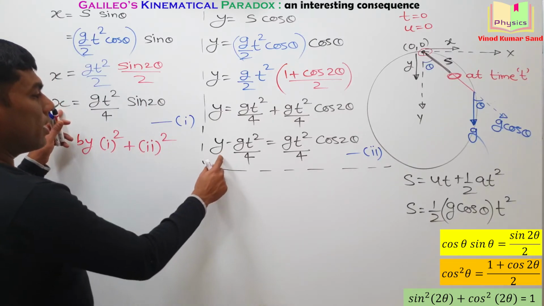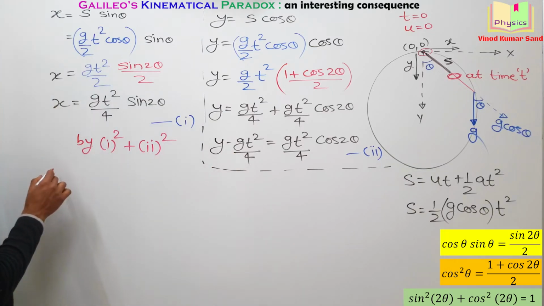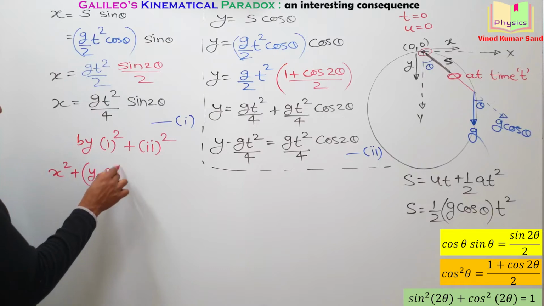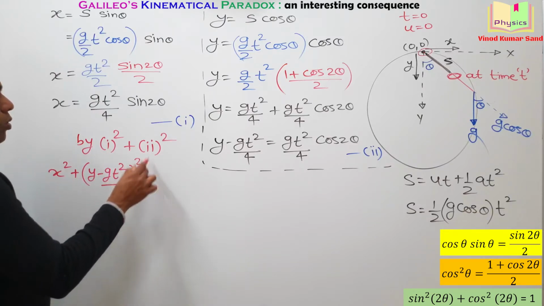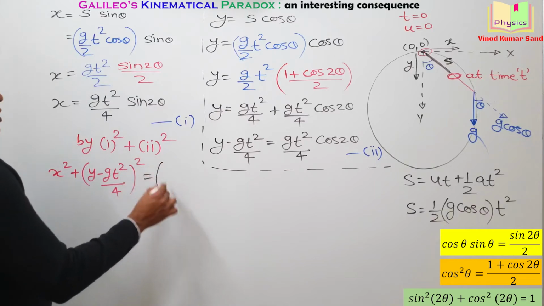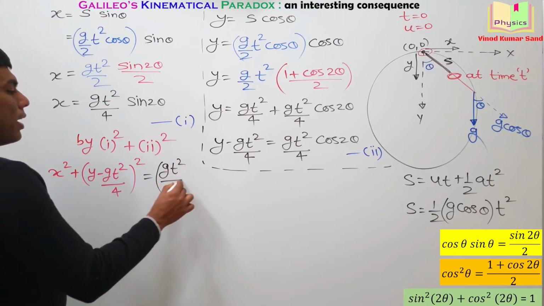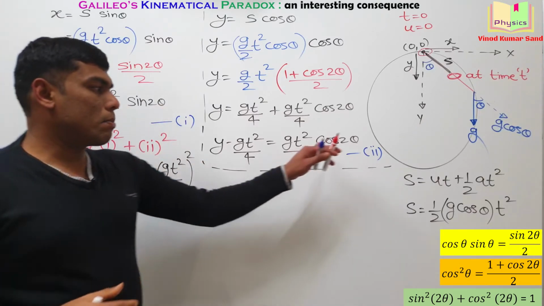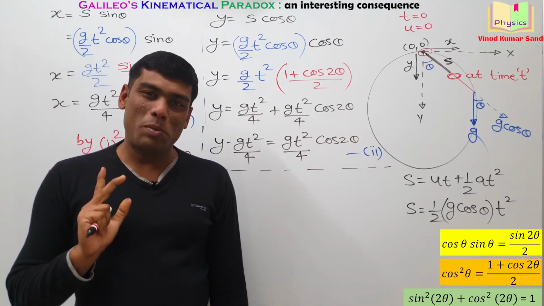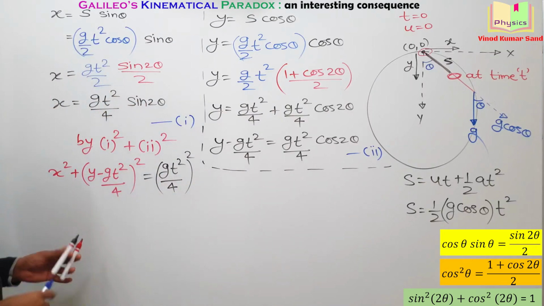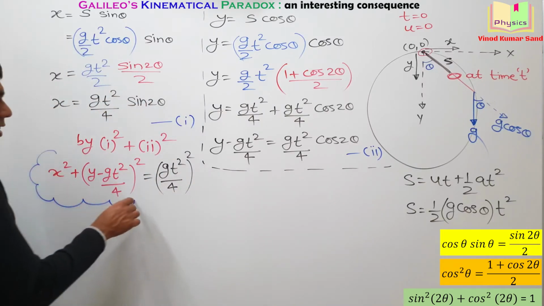So in the LHS, what should we be writing? x square plus y minus gt square by 4 whole square is equal to gt square by 4 whole square. This sine square 2 theta plus cos square 2 theta we know will become 1. Okay, so no need of writing that. Look at this beautiful expression.